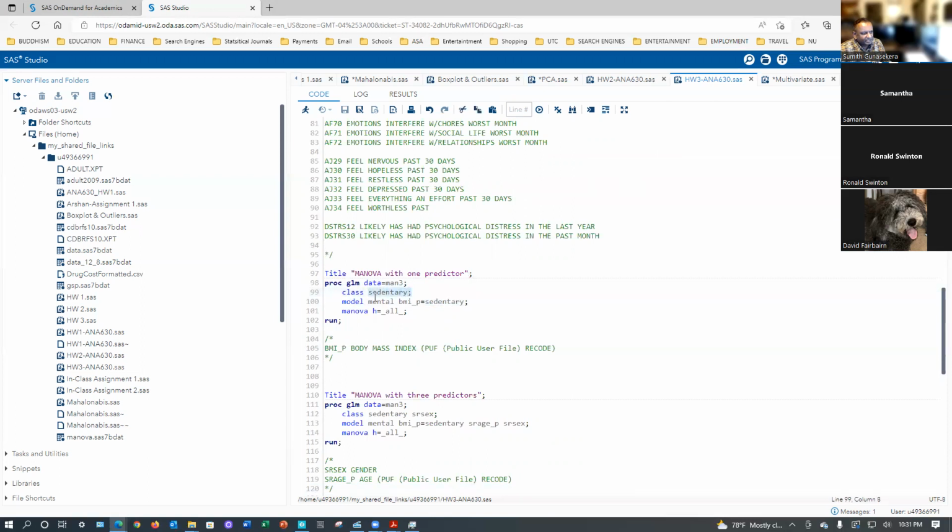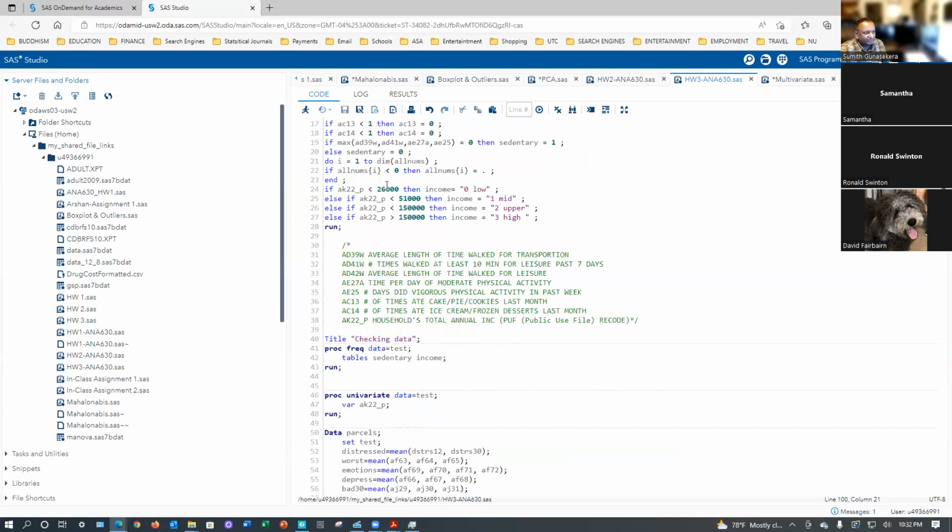You remember the way we put it in over there: you have two options for that class. Then inside, mental and BMI, these are the variables. Whether they are physically active is going to be explained by these two variables. You can build it any way you want, with these two variables. For this one, that's the group.